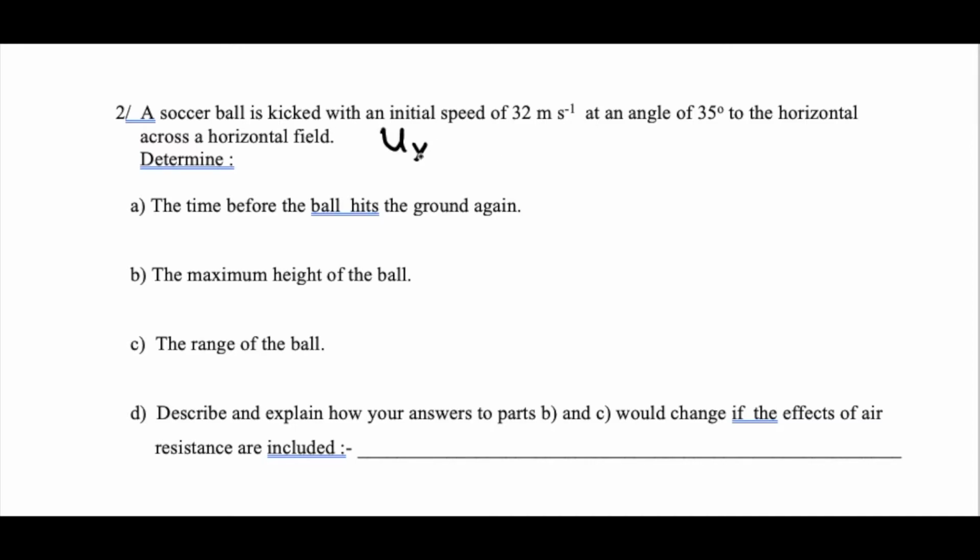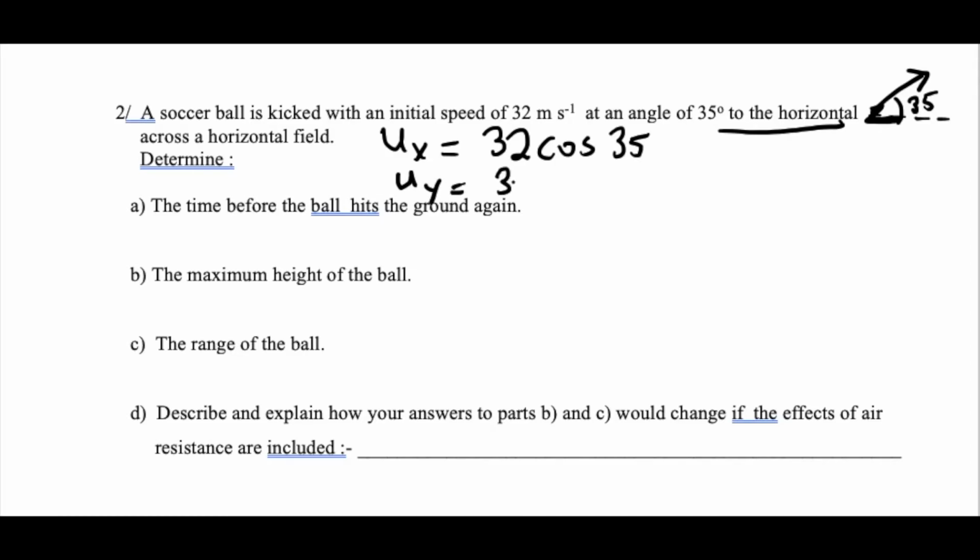So ux is going to be 32 cosine 35 because this angle is to the horizontal. So if this is the initial velocity, that is the angle that is given. So ux is going to be the adjacent side. We use cosine. And for uy, we are going to calculate 32 sine 35. So that's going to be our numbers.